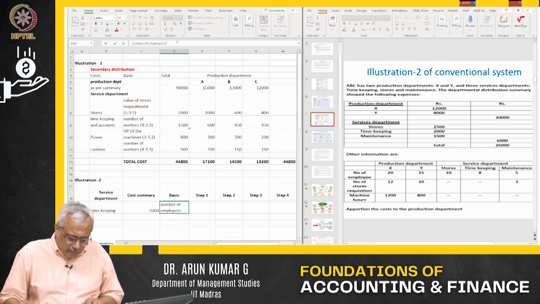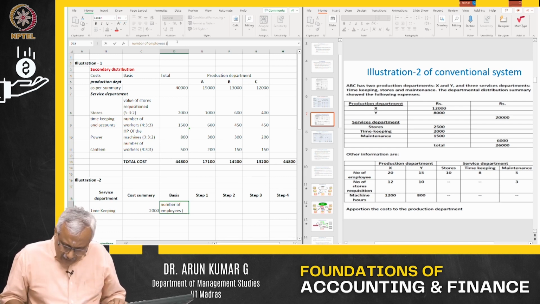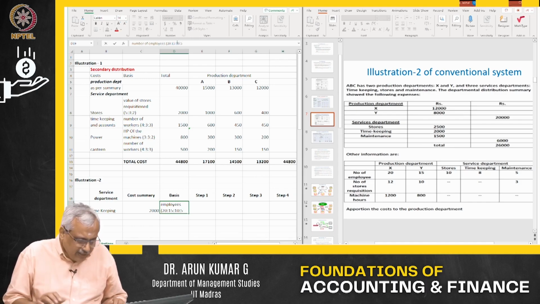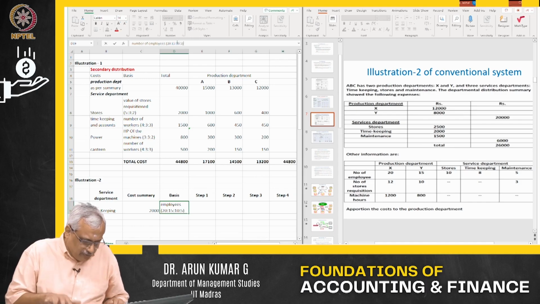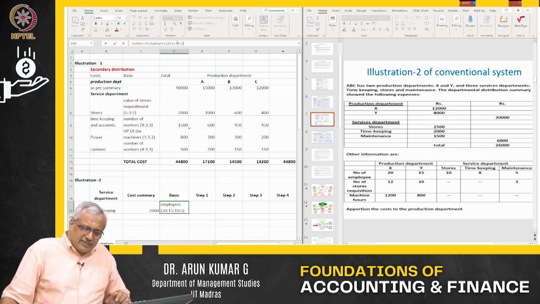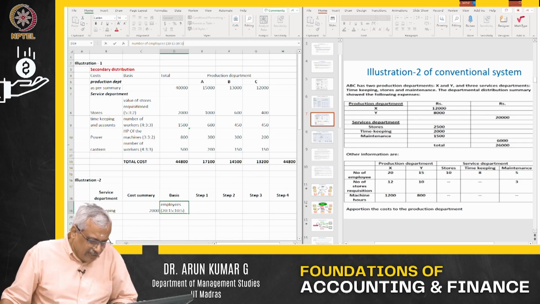The number of employees I am going to have is 20 in the production center, 15 in the next production center, 10 in the store center, and 5 in the maintenance center. Please note, this is what I have: 20 in production center X, 15 in production center Y, 10 in the store center and 5 in the maintenance center.